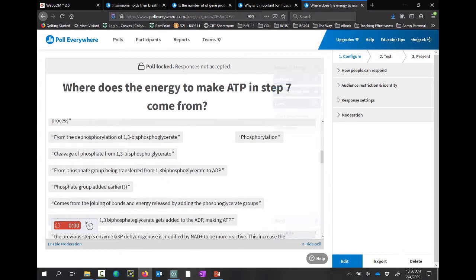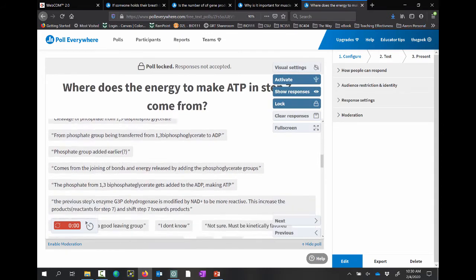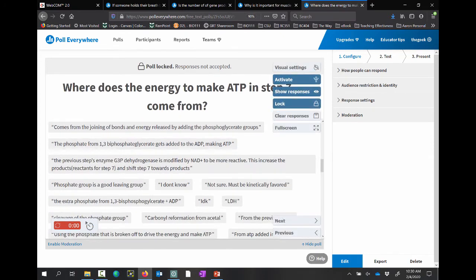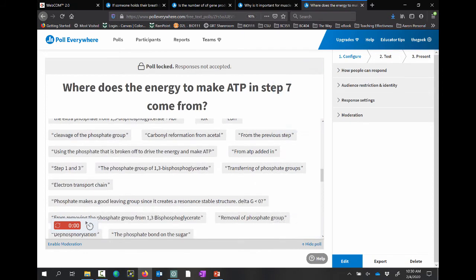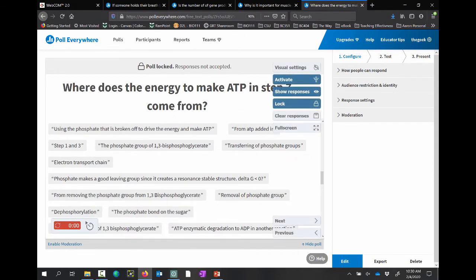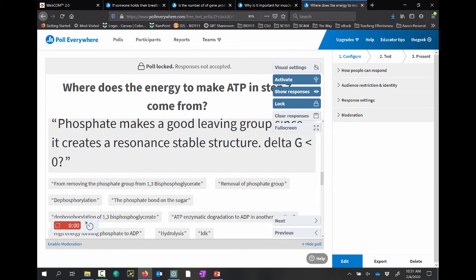Phosphorylation, cleavage of phosphate from 1,3-bisphosphoglycerate, okay, comes from the joining of the bonds and energy released by adding phosphoglycerate groups. Okay, so, we can look through this. I think that there are several answers. Here's one: phosphate makes a good leaving group since it creates a resonance stabilized structure. Okay, that's an interesting answer, and I think a fairly accurate one.